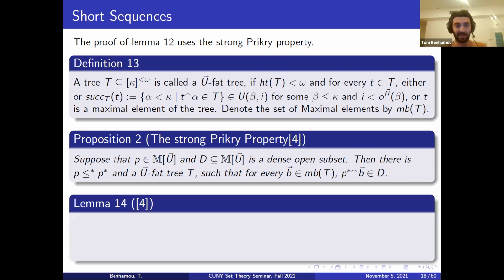Okay, so the last thing we need before we prove lemma 12 is some combinatorial property of U-fat trees, which I think is a nice observation. I won't prove it here, but you can find the proof also in 4.